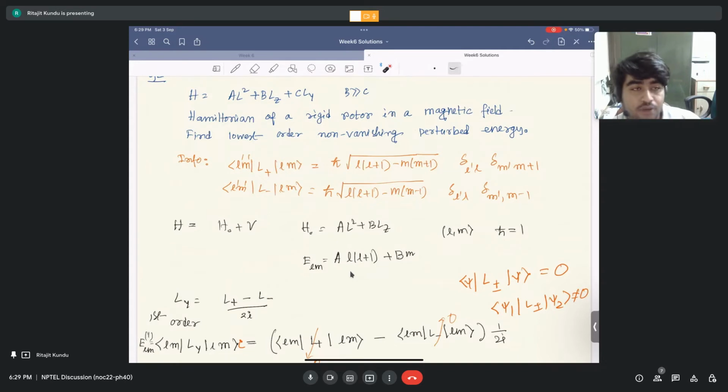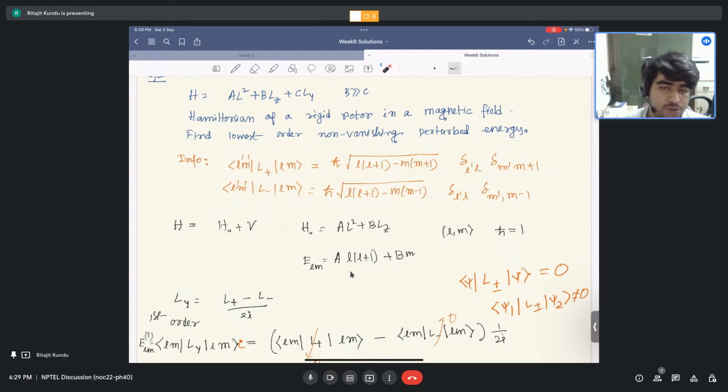So it is not like we are calculating the eigenvalues of this perturbation Hamiltonian. We are taking Ly and finding all of its matrix elements, which is the same as writing that operator in this LM basis.